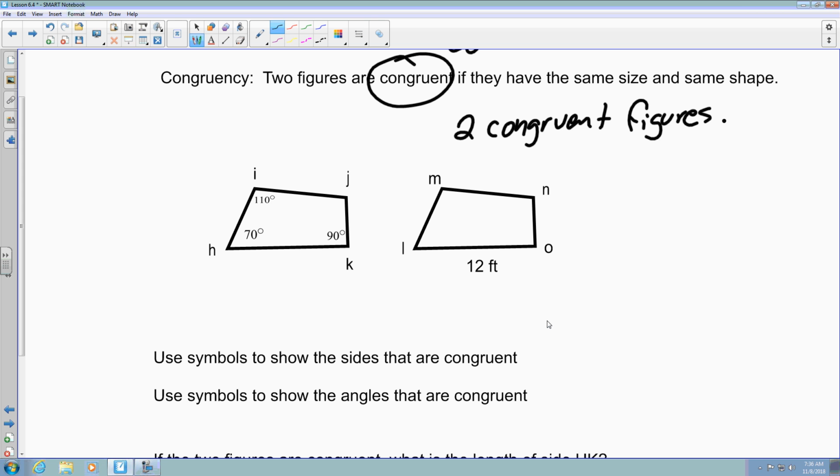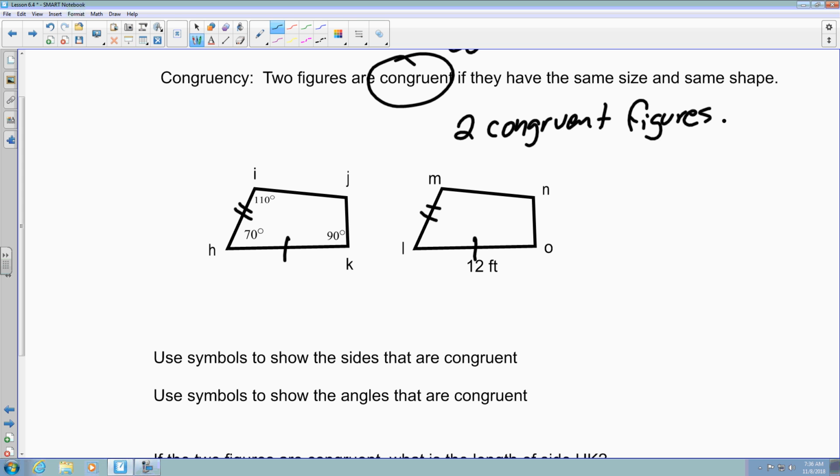It says use symbols to show sides are congruent. So here's how you show that sides are congruent. So like L and O, you make a tick mark here, and you make one mark here. So that's stating that HK and LO are the same. You can go here and make two marks, which means you make two marks here.